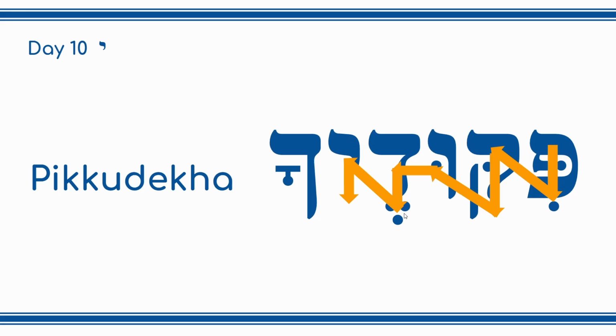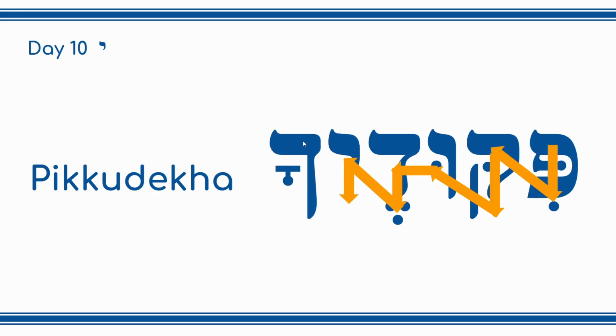So the yod is actually hinting that there's a segol underneath the dalet, which means yod is acting as a mother of reading, a vowel letter, to hint at the sound that is under the dalet. So we have the dalet, which makes a d sound, and the segol, which makes an eh sound, and it's combined with the yod, so we just know it's hinting at it. So you go de. So that's the sound with this group, de. So we have pi, ku, de, pikude.